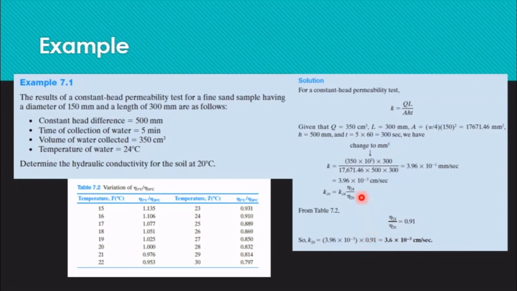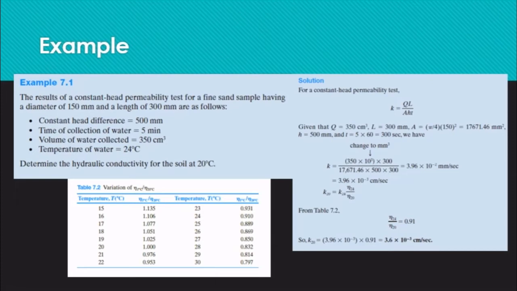From 24, when you lower it to 20, the hydraulic conductivity also decreases. So the answer is 3.96 times 10 to the negative 3 cm per second.